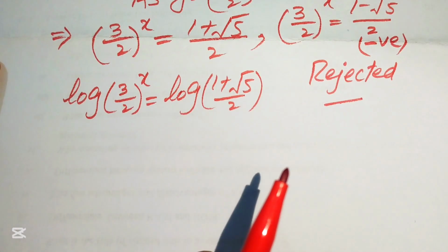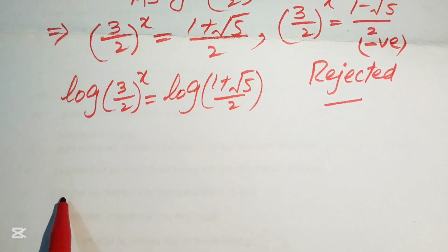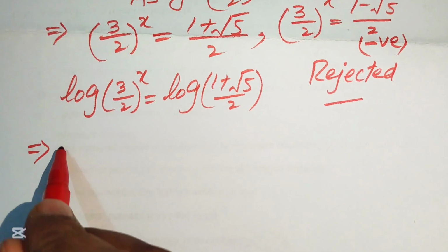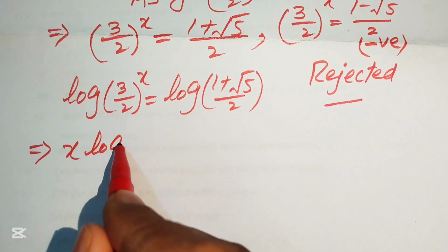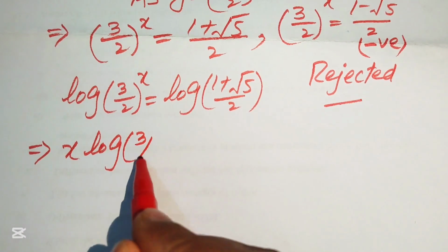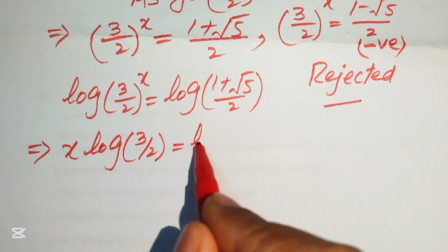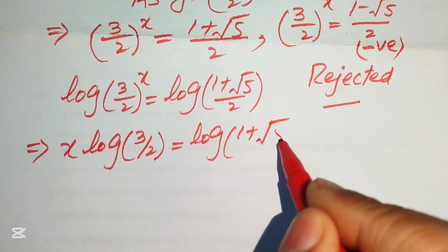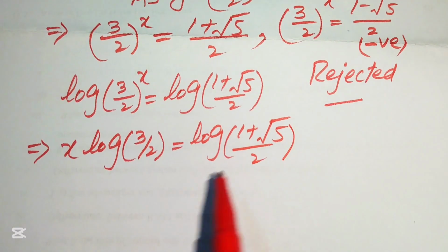Okay, so further here we need to use a property of log, and we move this x in the front of this log, and it will be written as x times of log 3 divided by 2 equals to log of 1 plus square root of 5 divided by 2.